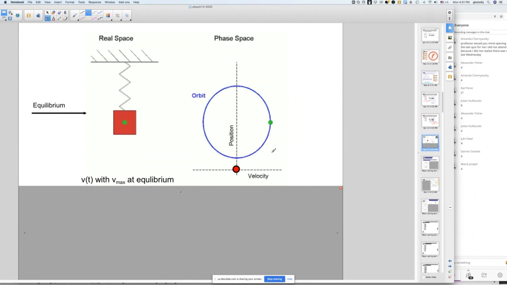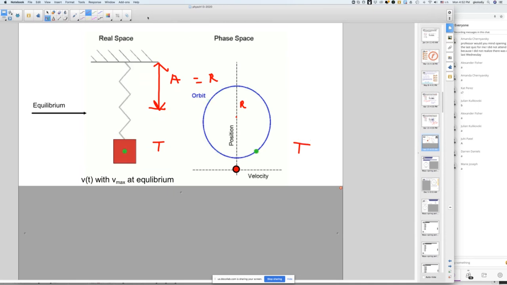They both have the same period. They both have the same radius. The radius here, but here we call it the amplitude. Those are the same things. So the amplitude here is equal to the radius here. The period here is the same as the period here.